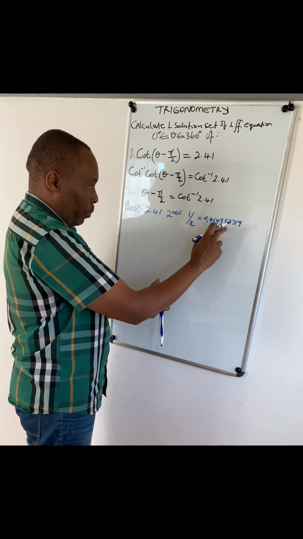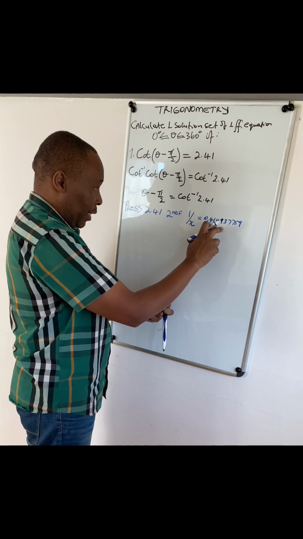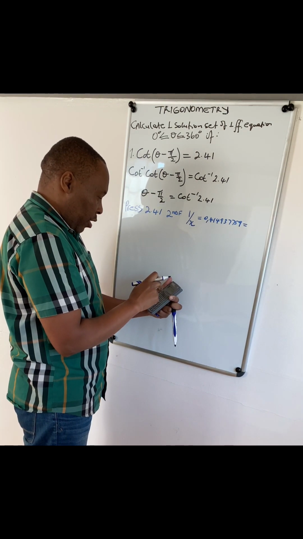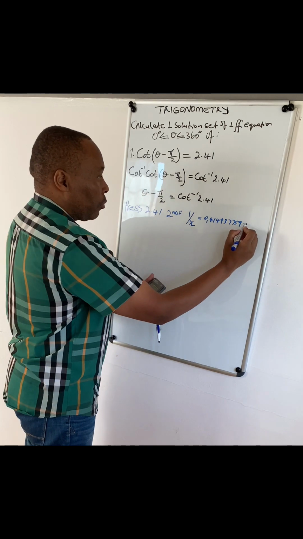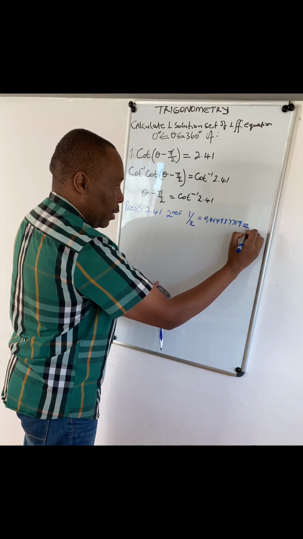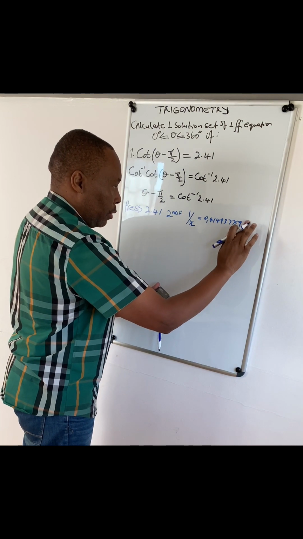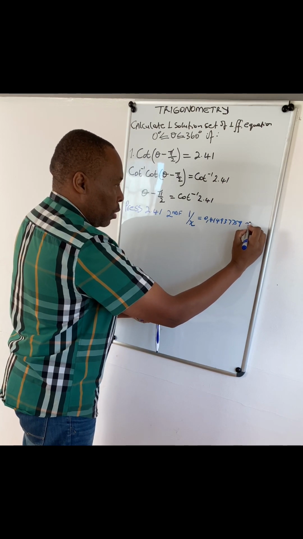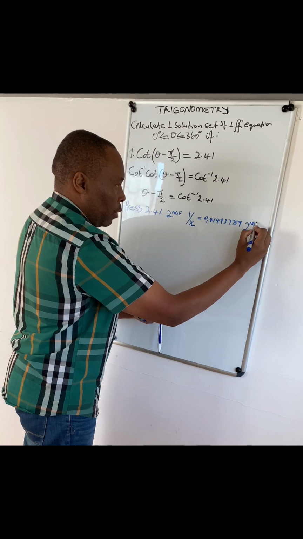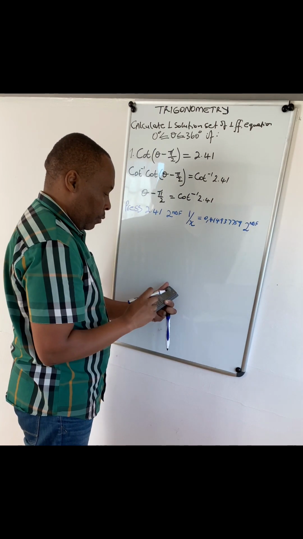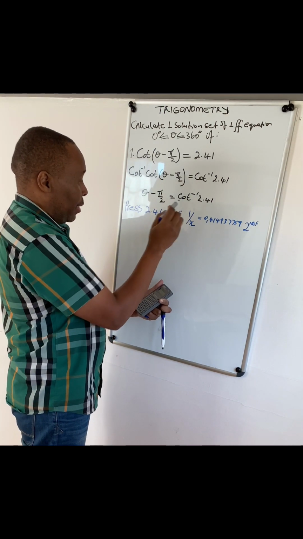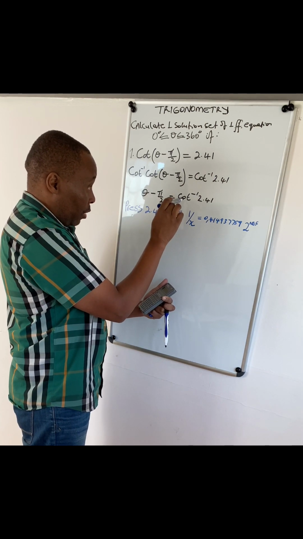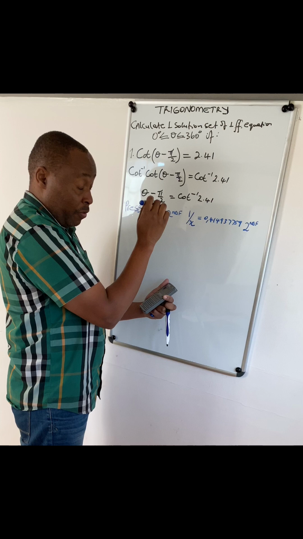And then once you've pressed this function and it gives you this, you go back to second function, and you press the inverse of cot, which is tan.